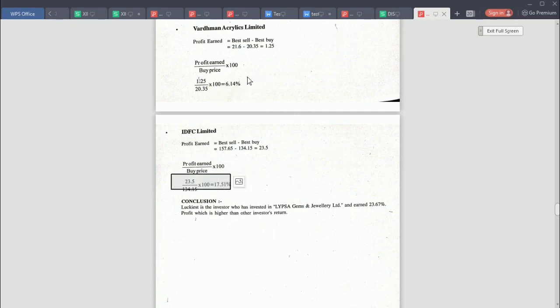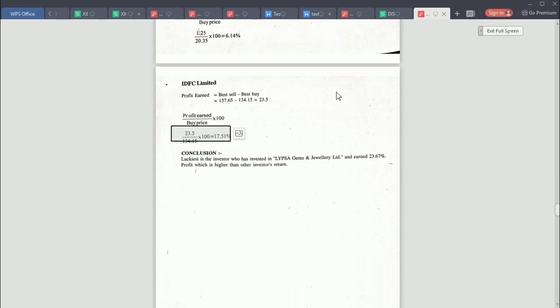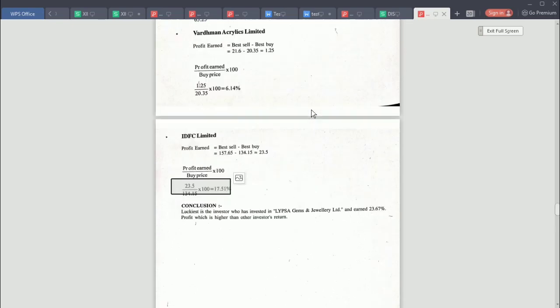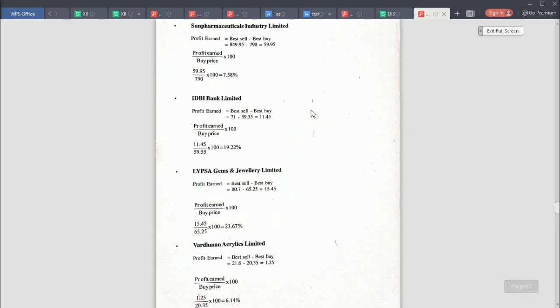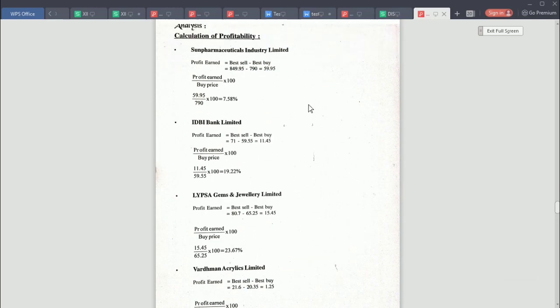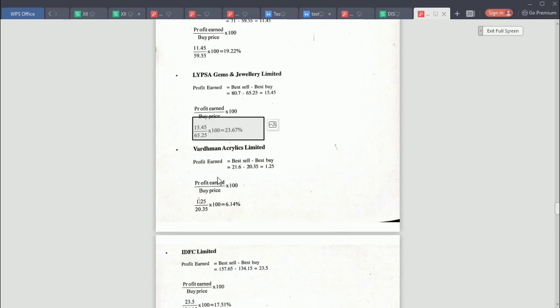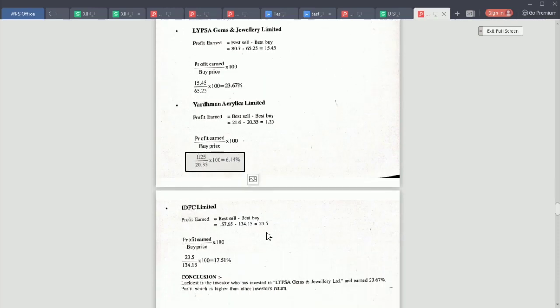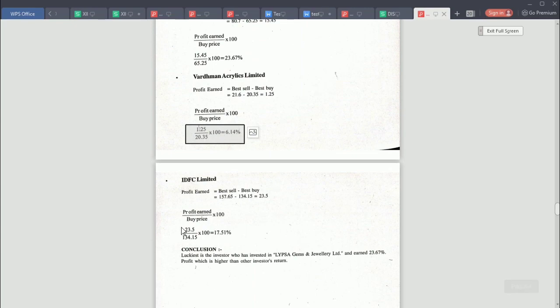Now after the analyzing part, we need to give the conclusion of this project specific. Out of these 5 percentages of profit, 7.58, 19.22, 23.67, 6.14 and 17.51, which one is the maximum?